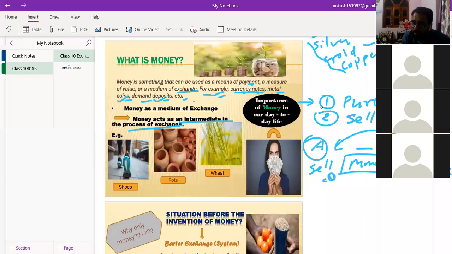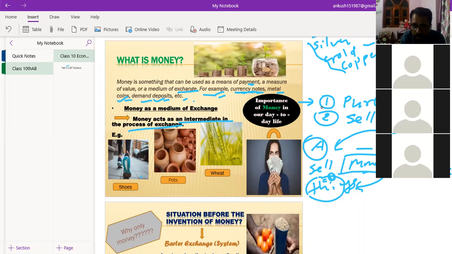So B has to give only money in exchange of the thing. Whatever he purchased, he only has to give money. B gave nothing else to A in exchange of this thing. Are you getting? So that is why it is called money acts as an intermediate in the process of the exchange.